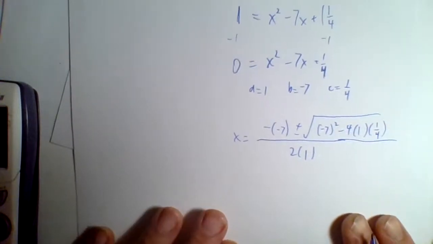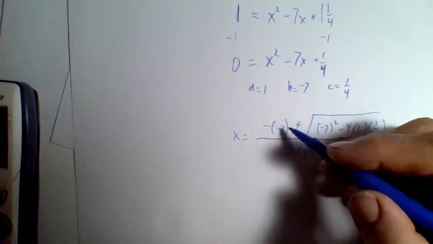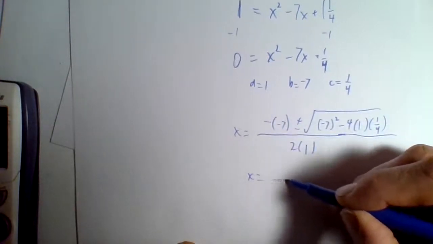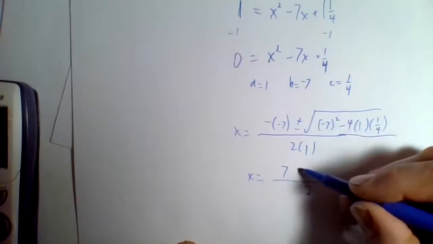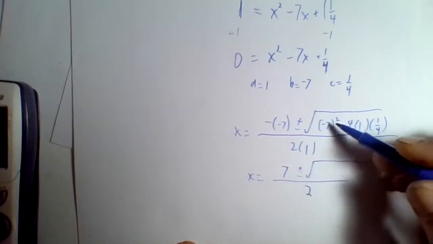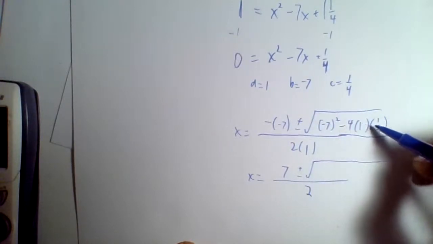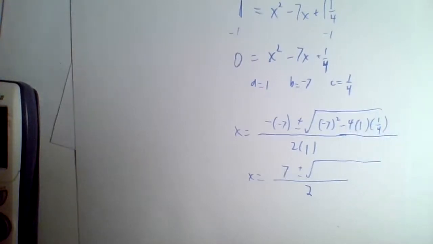Let's see how it comes out. 2 times 1 is just 2. Opposite of -7 is +7. Inside here, I have to do 49 minus, it just ends up 1. 4 times 1/4 is 1. So 49 minus 1, 48.